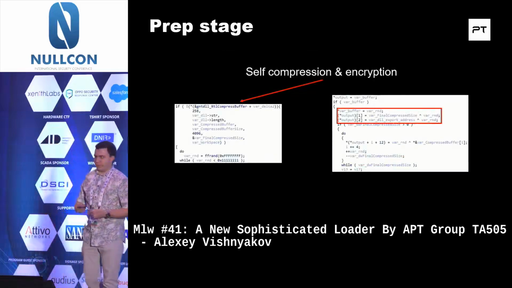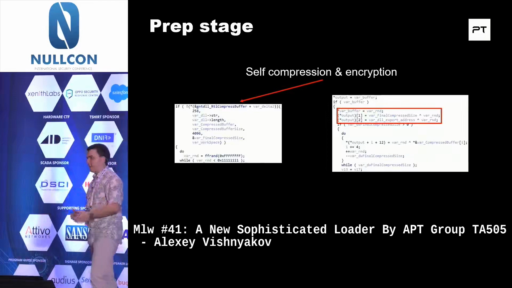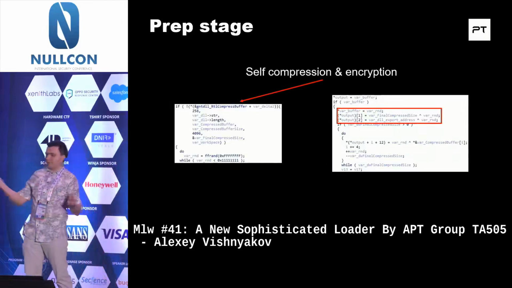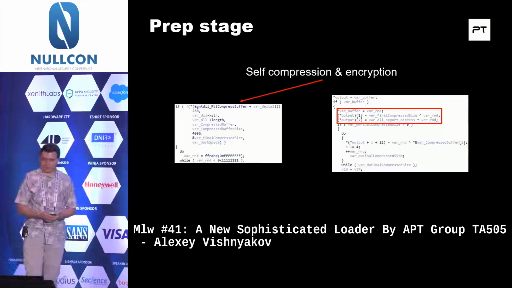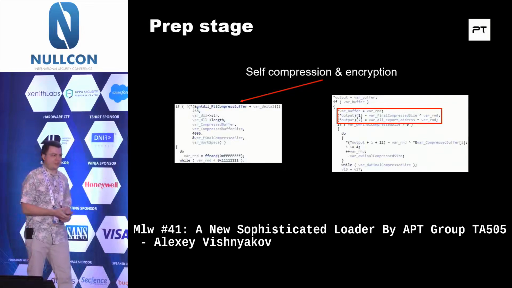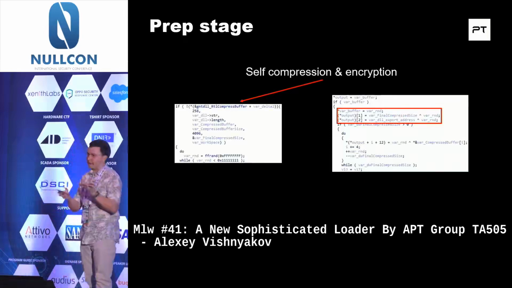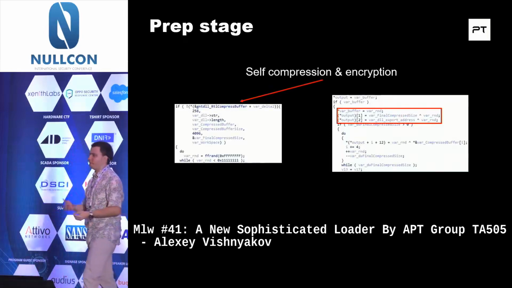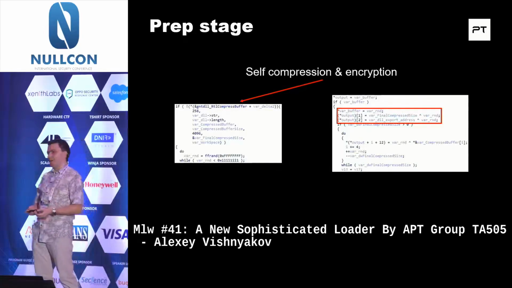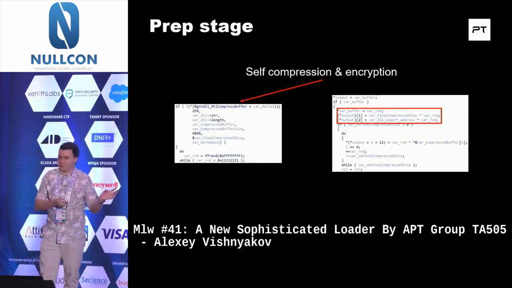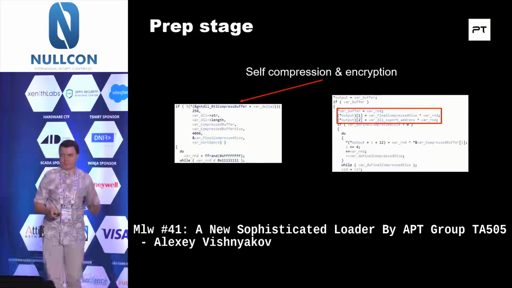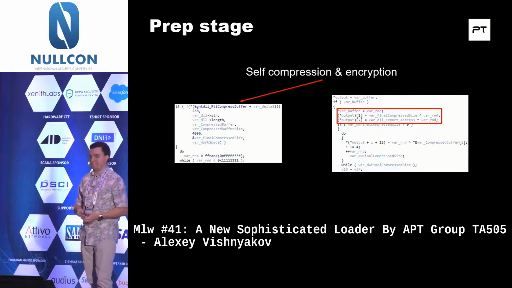One more interesting trick: it will find its own body, compress it via the Z21 compression routine, encode it via XOR, prepend a few necessary values such as the XOR gamma at the beginning, and save a pointer to this data. I will show you the moment when it will be used.